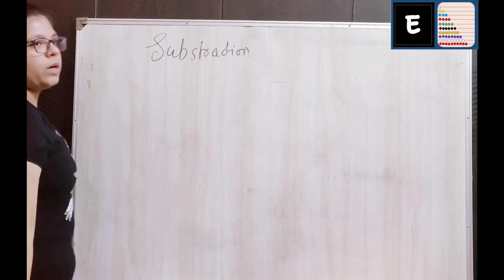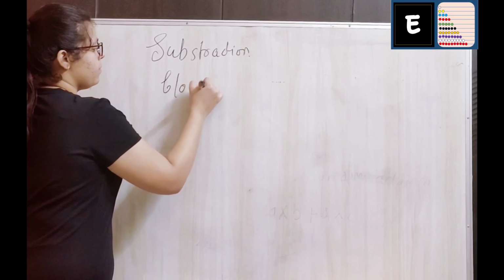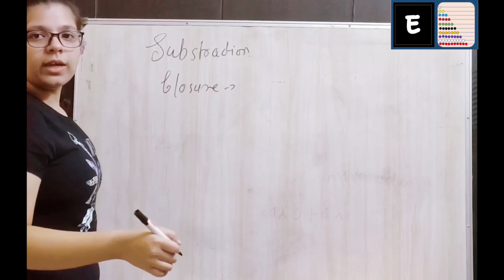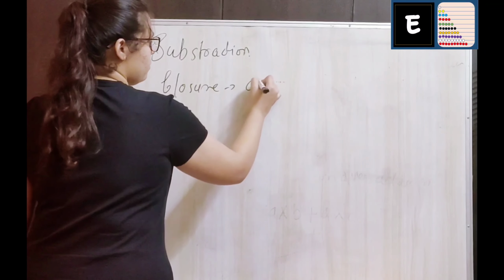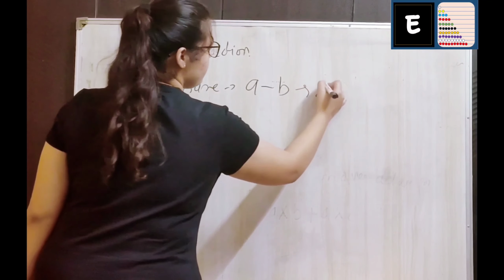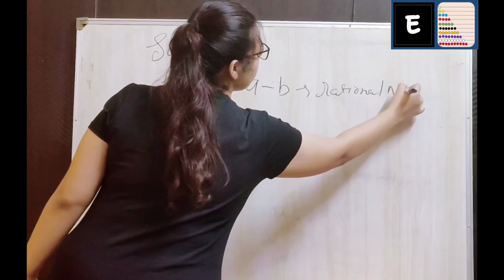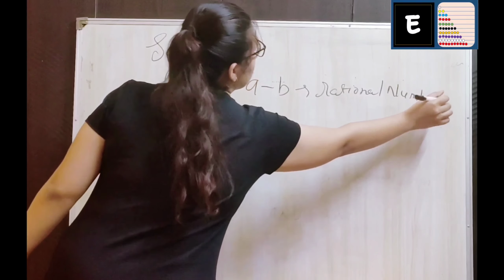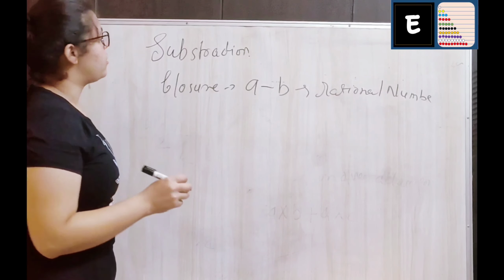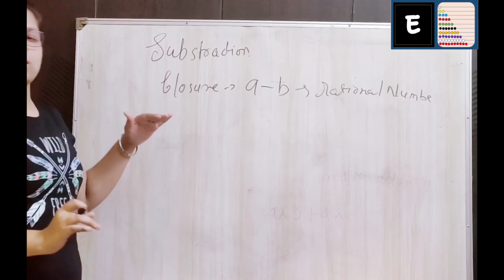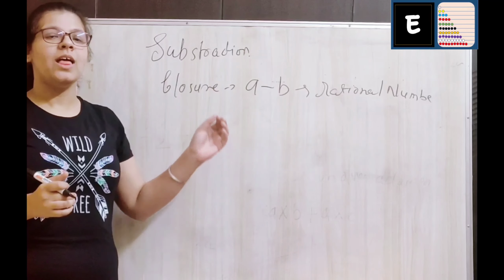There is only one property for subtraction, that is closure property. As we learned in both addition and multiplication, if we subtract two rational numbers, the answer will be a rational number. There is neither commutative nor associative property for subtraction. So for subtraction, there is only a closure property.